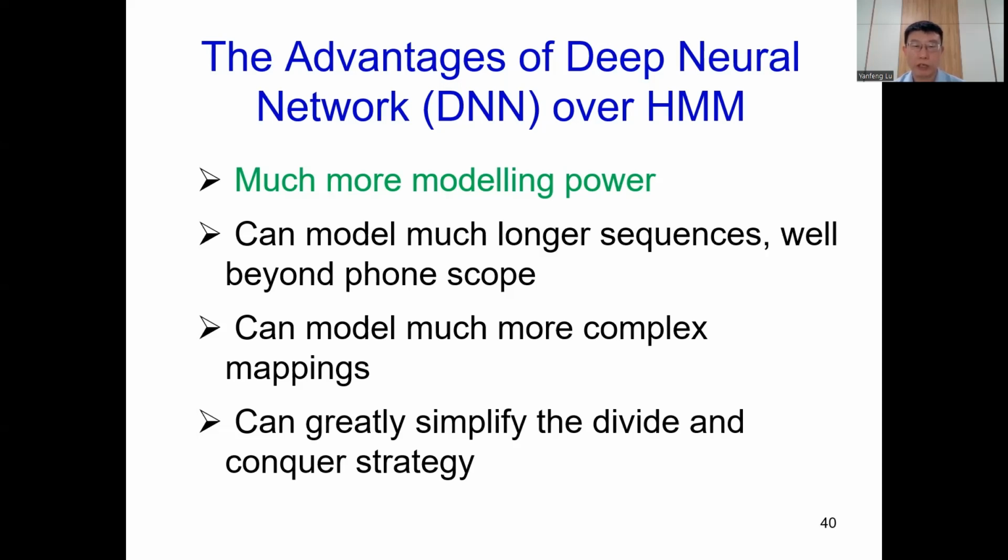But with the more modeling power of a deep neural network, we can model a very complex mapping that will greatly simplify the divide and conquer strategy. So we don't need to divide the mapping into more subtle sub-mappings. We can do more than one sub-mapping together. All these are based on the much higher modeling power of the deep neural network.